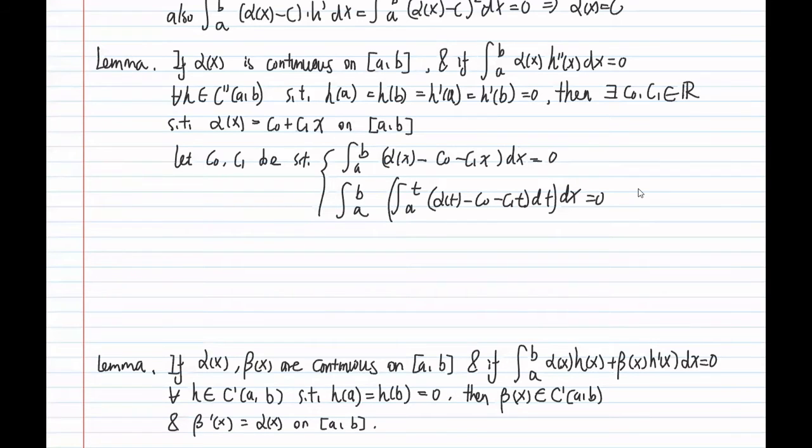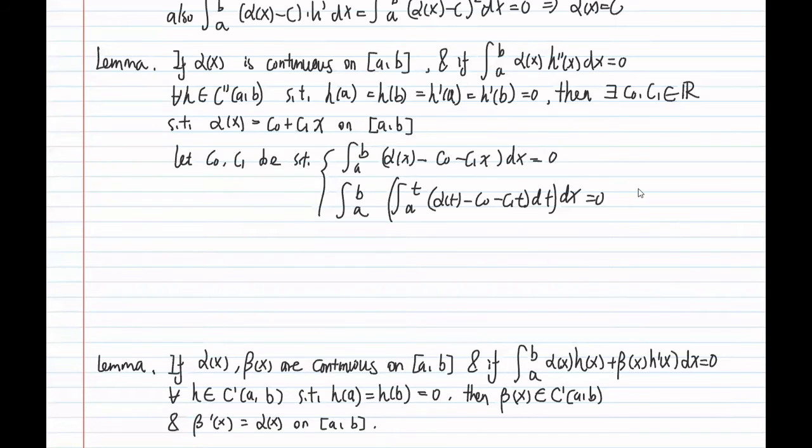What does this mean? This basically defines a linear system to determine C0 and C1. You can write this out in matrix form, and if you find the determinant, you can factor it and see that the determinant is always non-zero given that a and b are both positive and a is strictly less than b.